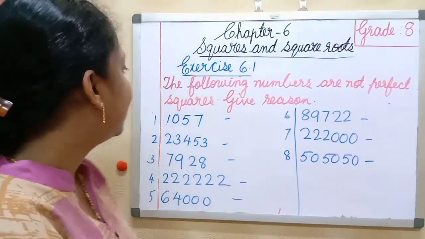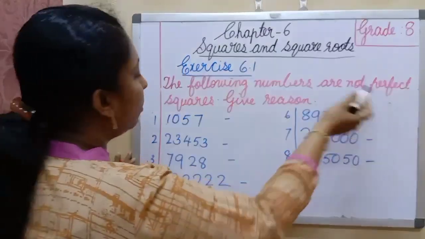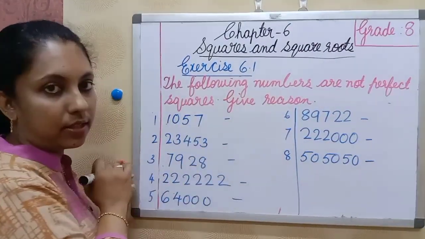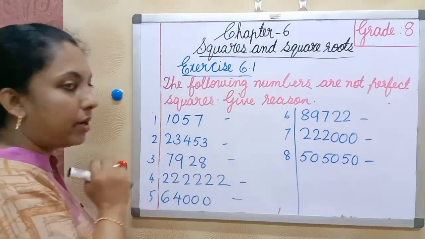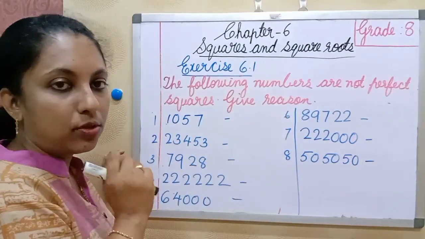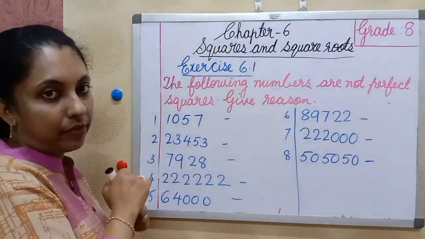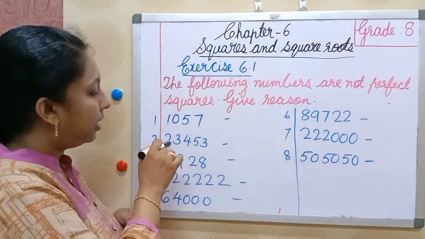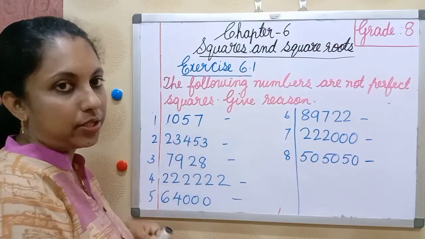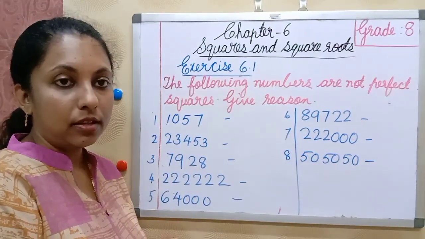Next question. The following numbers are not perfect squares. Give reason. We have to tell the reason. First number, 1057. Here you should check the unit place. What is our property?